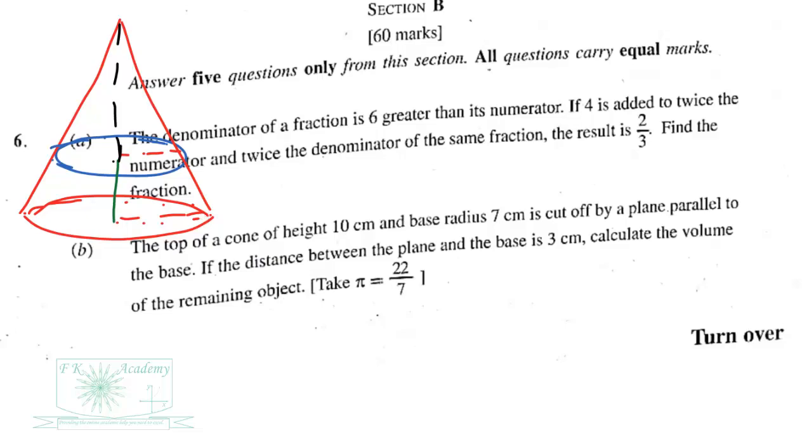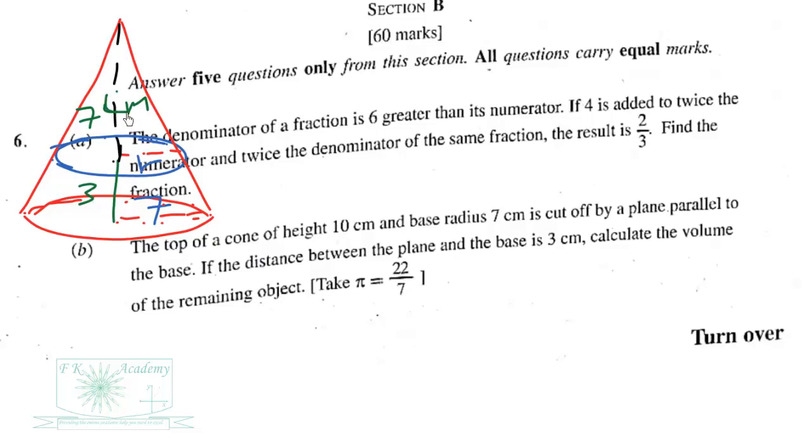So we have the radius of the bigger base to be 7, and the smaller base we don't know, so let's say it is small r. Then it was given that the distance here is 3 centimeters, so the top will be 7 centimeters.